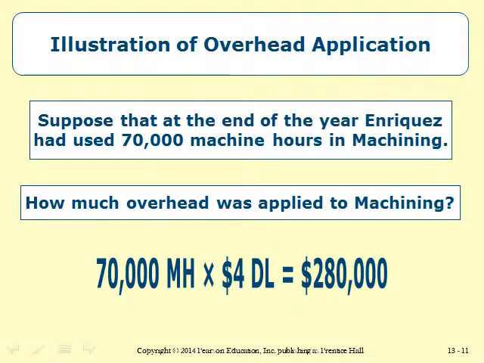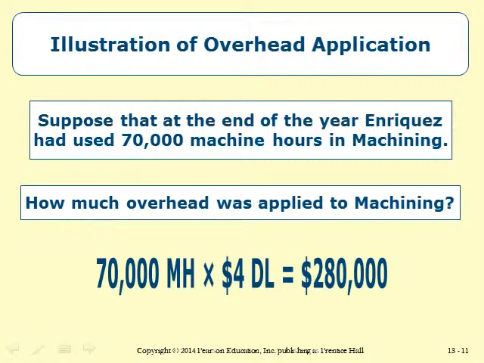So suppose at the end of the year, Enriquez had used 70,000 machine hours in machining and incurred $190,000 of direct labor costs in assembly. It would have applied a total of $375,000 of overhead to the products produced. This would be by the calculation that says 70,000 actual machine hours times $4 is $280,000.